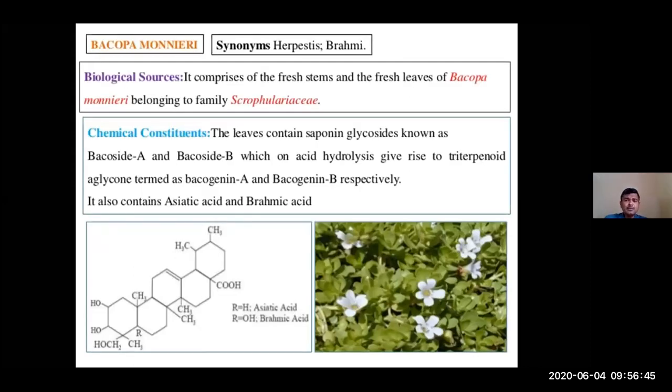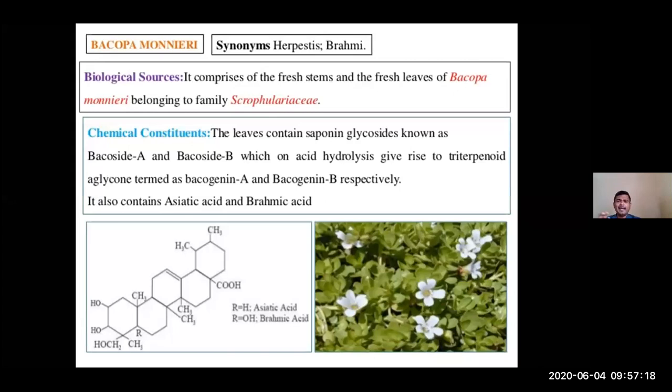In these pictures about the chemical constituents, the leaves contain the saponin glycoside known as Bacoside A. The leaves, especially the swarasa, the juice, contain Bacoside A and Bacoside B, which on acid hydrolysis give rise to triterpenoids, termed Bacogenin A and Bacogenin B respectively.